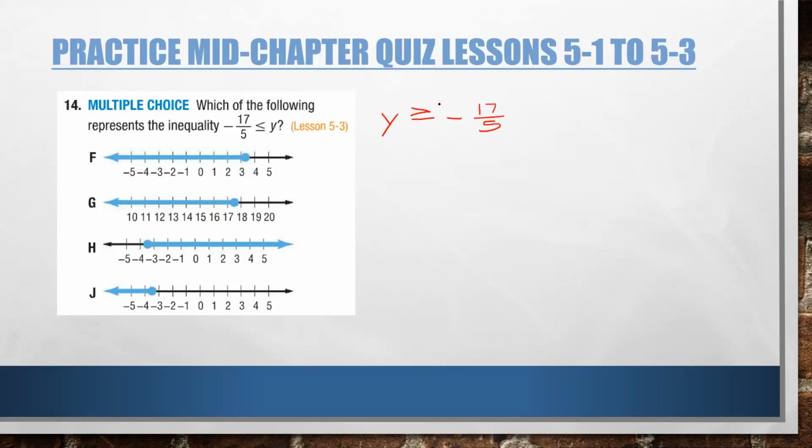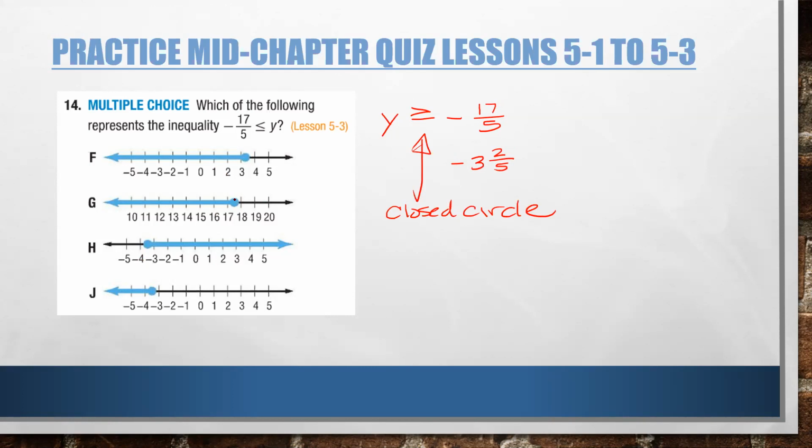-17/5. So now you can see that I must have a closed circle. Okay, so all of these are closed circles, and it's got to be at -17/5, which if you simplify or rewrite it as a mixed number, would be -3 2/5.